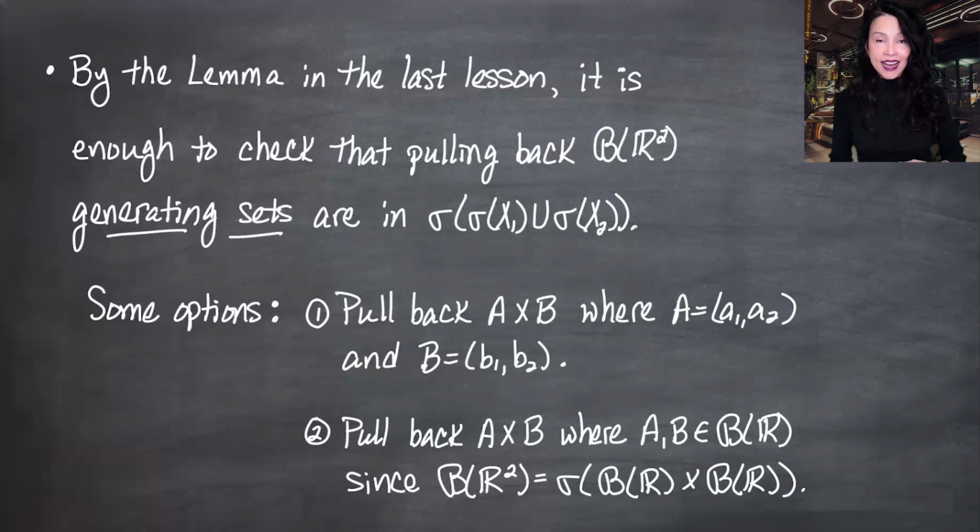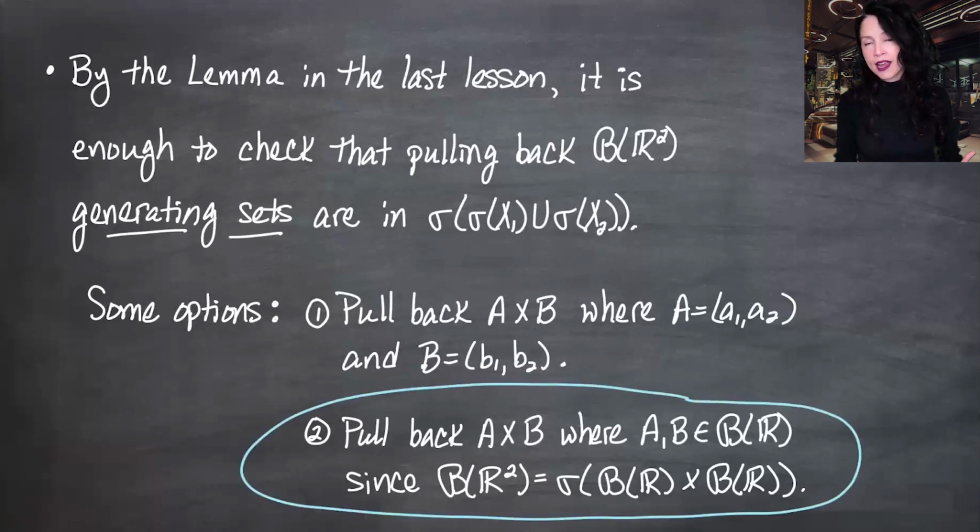And this means that, instead of pulling back rectangles or intervals, I could pull back Borel sets here. And if they fall into F, then the sigma field generated by those fall into F. And that sigma field is the Borel sets on R2. So I am going to choose to do this second one. And so let's do it.